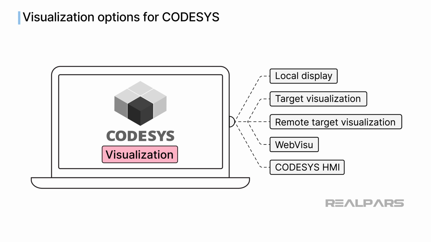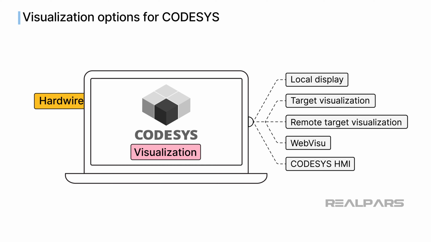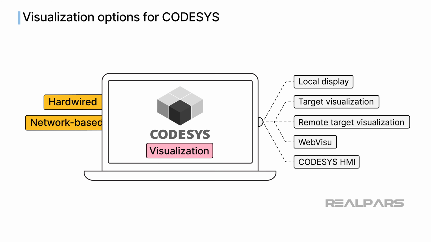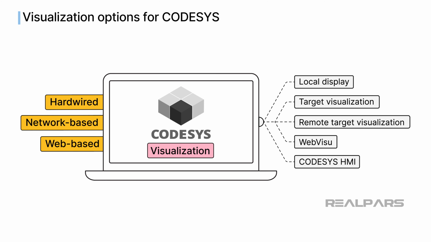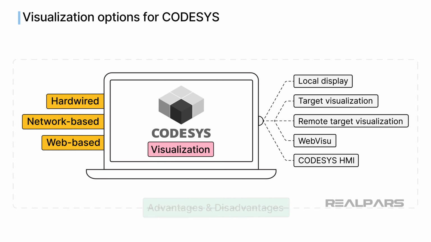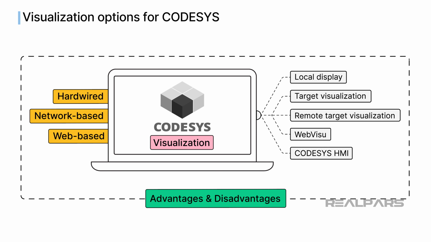Depending on the budget and technical requirements of a project, different methods can be used to deploy visualizations, including hardwired displays, network-based displays, and web-based displays. The rest of this video explains the different options that are available, as well as the advantages and disadvantages of each option. Let's get started by talking about the local visualization display, which is available in the CODESYS Development System.